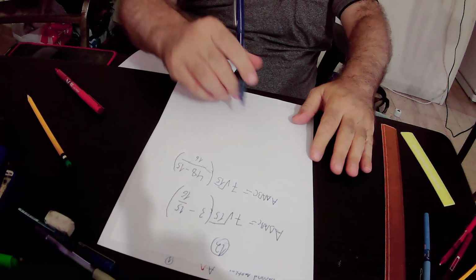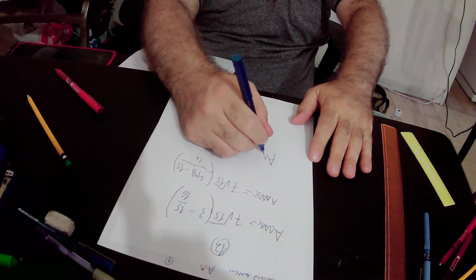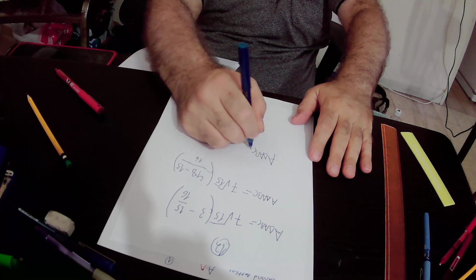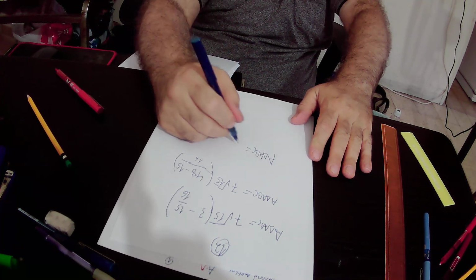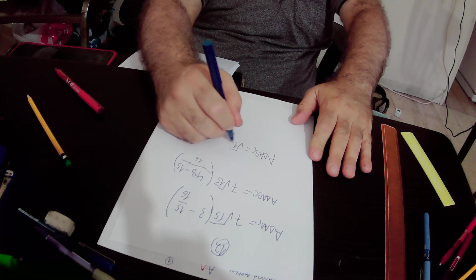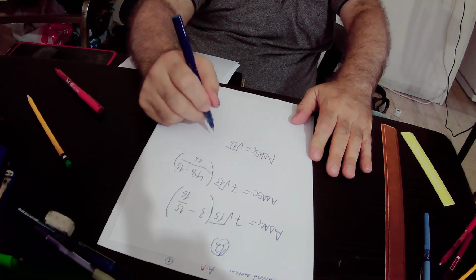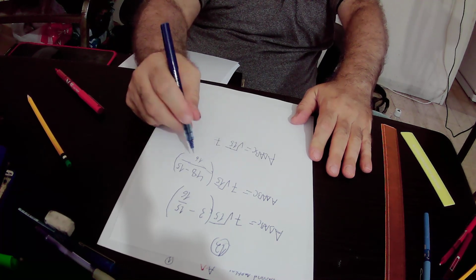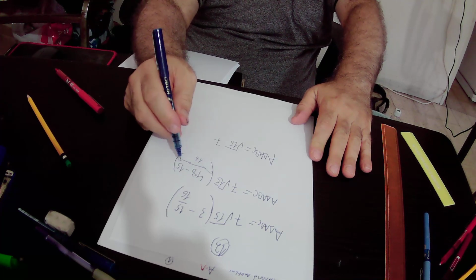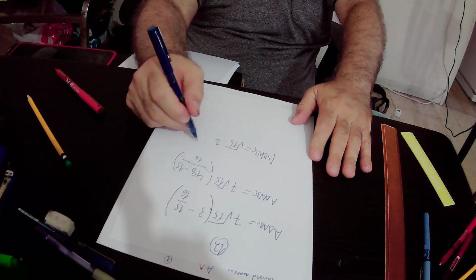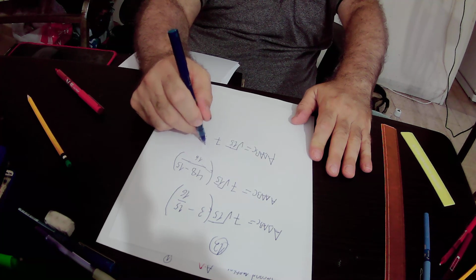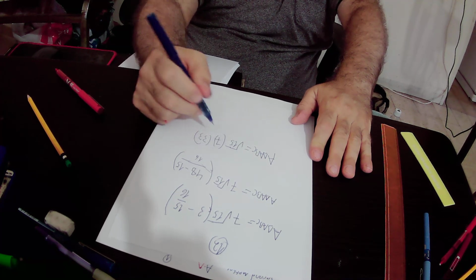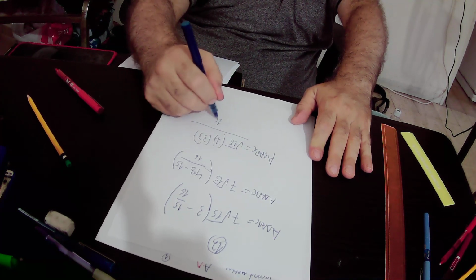We will get that the area of triangle ABC equals root 15 times 7 times 33 over 16. 48 minus 15 is 33 over 16.